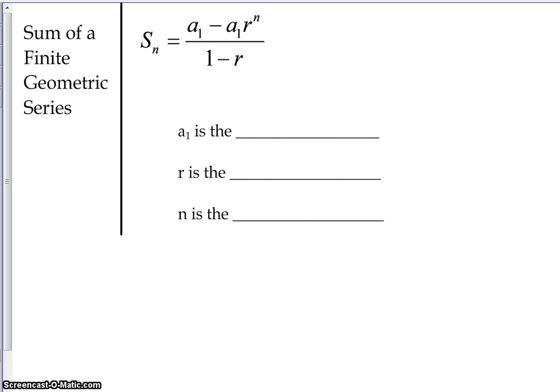So just like before we had a formula, and with the arithmetic one it just kind of makes sense, the first and the last term, and this one doesn't always make as much sense, but it's something we have to just kind of memorize. So we do have a first term, a sub 1. Our r is still our ratio, and n is the number of terms we're talking about.